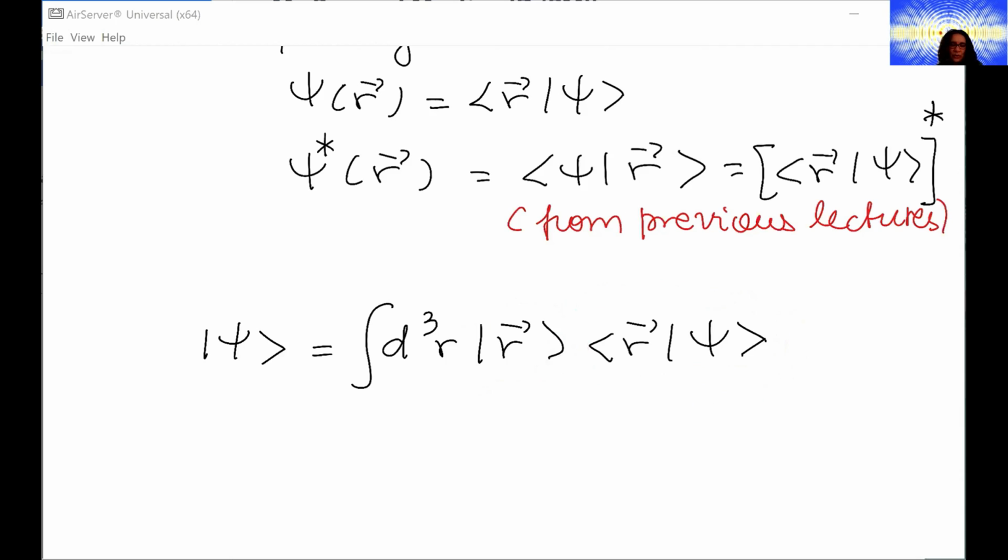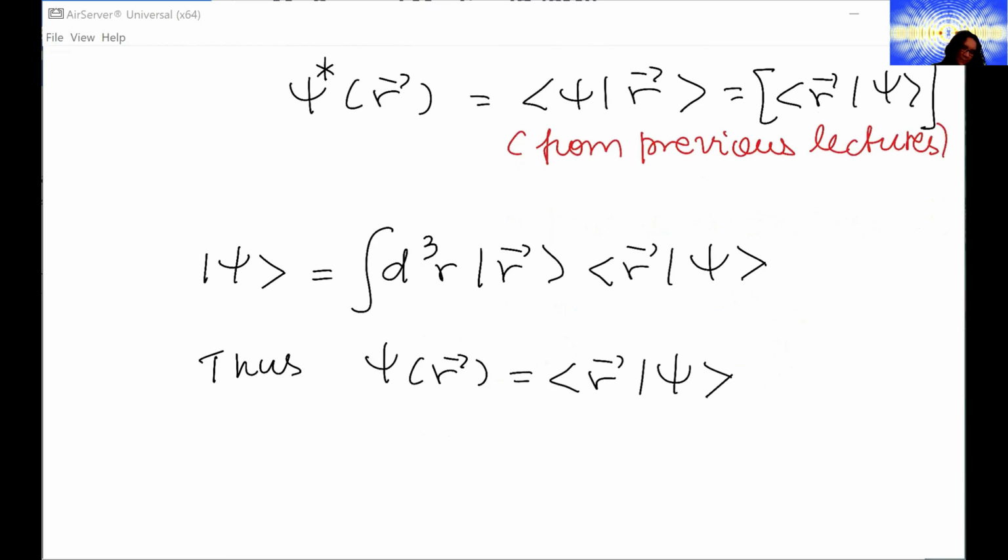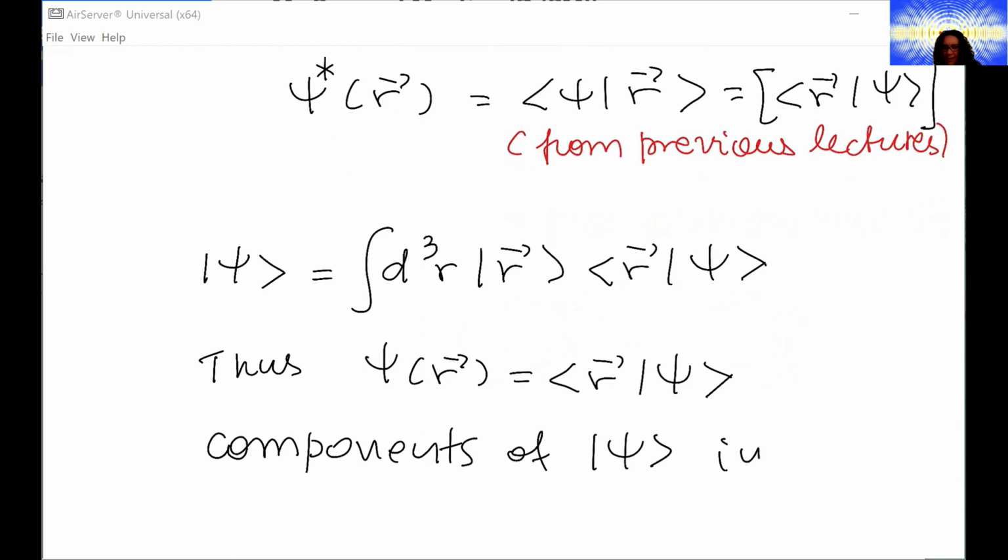So we can conclude that <r|psi> is in fact psi(r), which are the components of psi in the r representation.